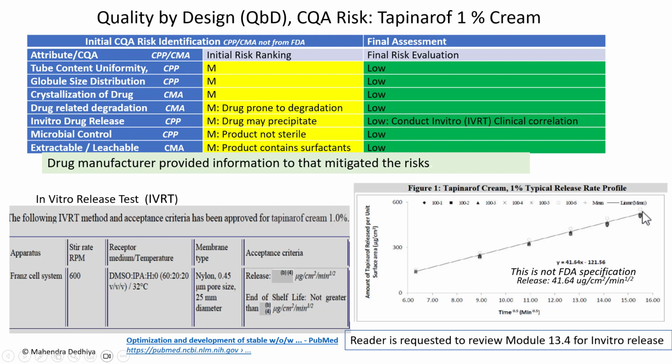Based on that straight line, one can calculate release rate, and I've calculated that as 41.64 microgram per cm square per square root of minute. Not this particular information, but this type of information will be provided for multiple lots throughout stability, and based on that, release specification as well as end of the shelf life specification will be provided.